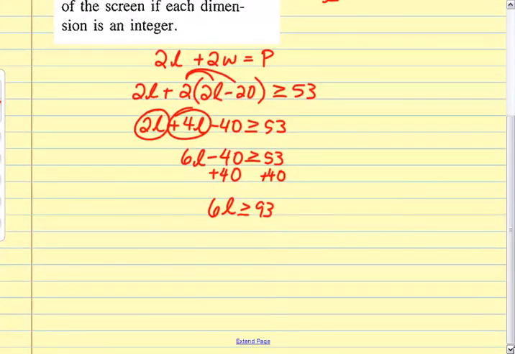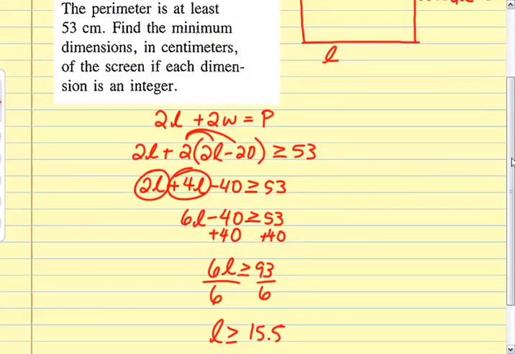And then I'm going to divide both sides by 6. And that means that the length has to be greater than or equal to, let me pull out my calculator here, 93 divided by 6, and I get 15.5.